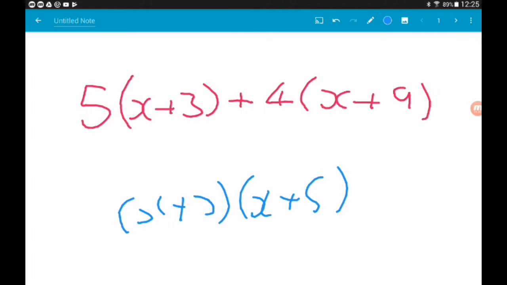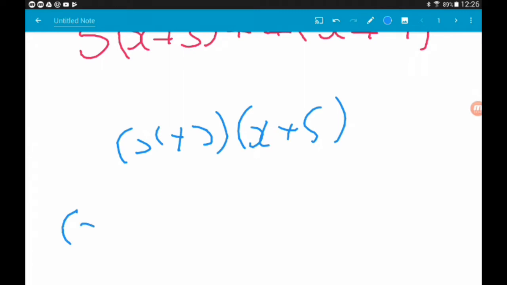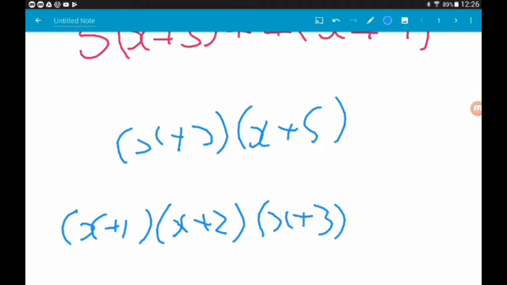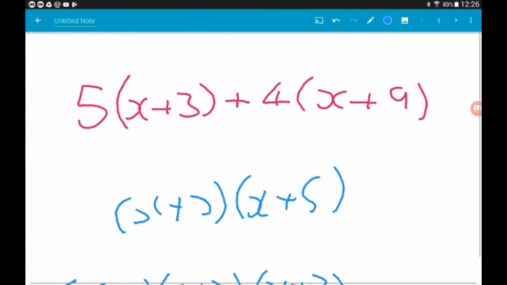And also for higher minions watching, there's also a video on expanding triple brackets, so things like x plus 1 times x plus 2 times x plus 3. So in this video though, we are just dealing with expressions where there might be more than one set of brackets, but we're not multiplying brackets together. So things like this red chap here.